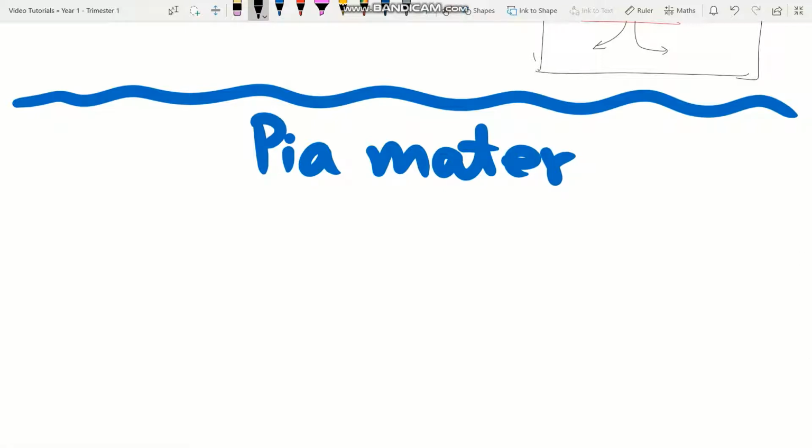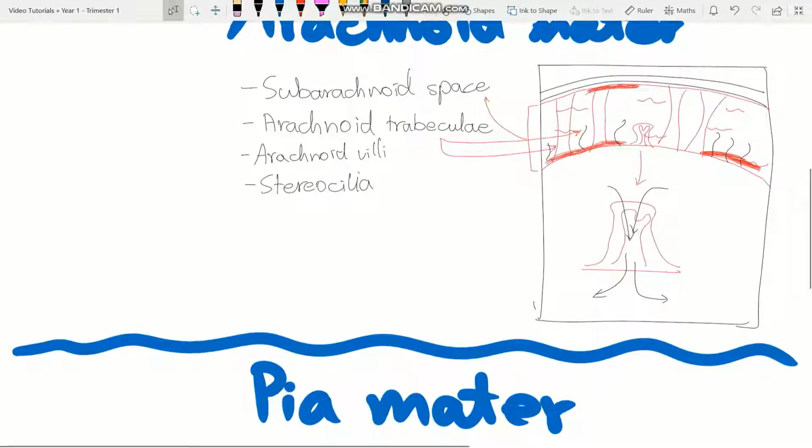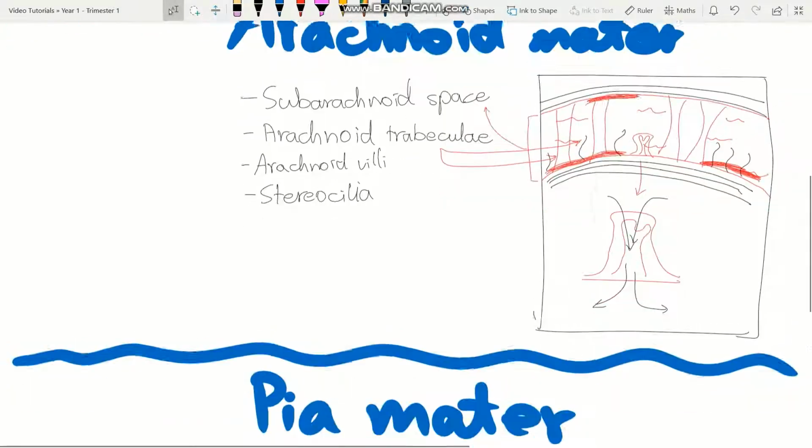Now, the pia mater is actually quite delicate, and it is connective tissue like the dura mater. However, it's richly invested with tiny blood vessels. As you saw here, this part of the arachnoid mater is actually the border or the start of the pia mater.